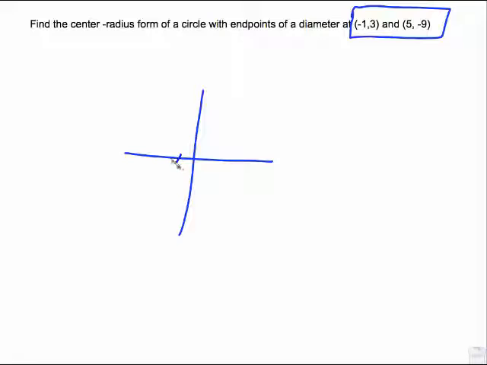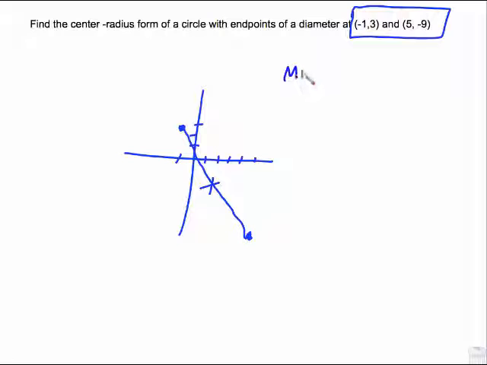A little bit more complicated, find the center radius form of the circle with endpoints of a diameter here and here. This one did not give me the center, but I can easily find the center. If we have a circle, negative 1, 1, 2, 3, and over 1, 2, 3, 4, 5, down negative 9, somewhere down in here, and these are the endpoints of the diameter, then the center of the circle has to happen at the midpoint.